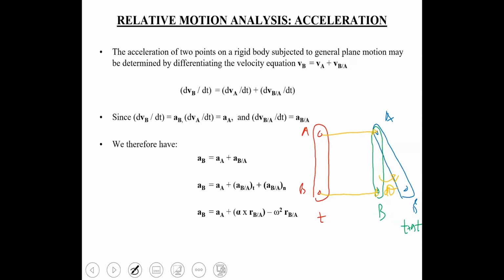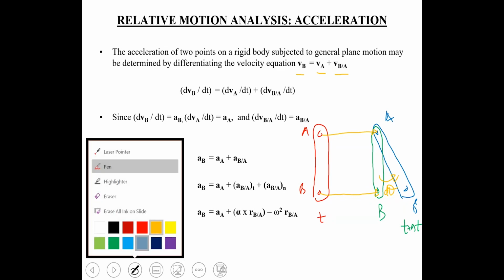So the relative velocity equation was written as Vb equal to Va plus Vba, where Vb and Va represent the absolute velocities of points A and B, and Vba represents the relative velocity of B with respect to A.